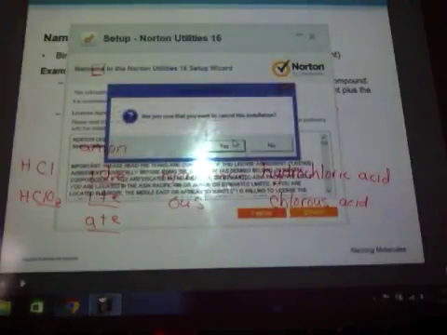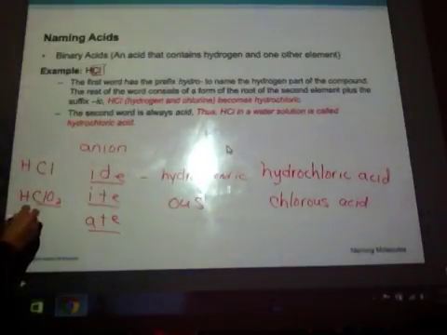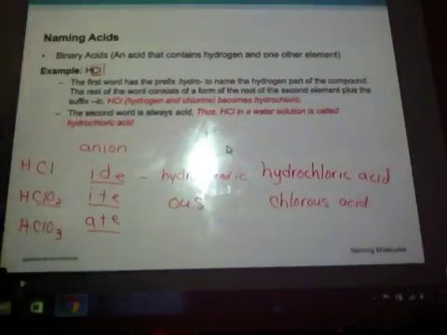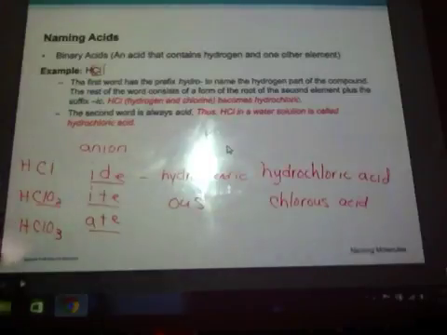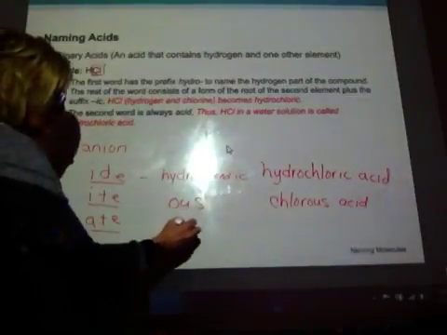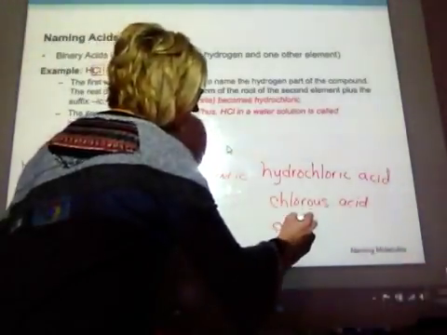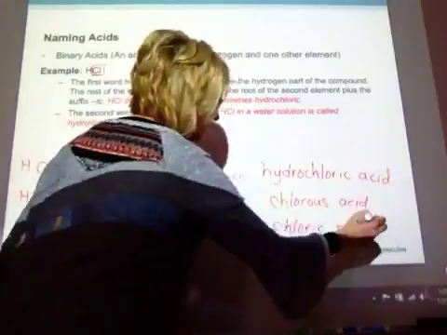And then the last example, if I have chlorate, so I have HClO3. Then, if you look at your sheet, it says stem and it says ic. So that would be chloric acid.